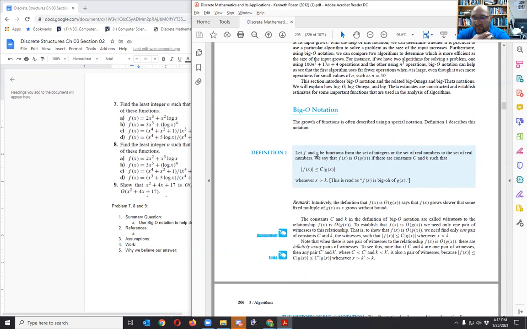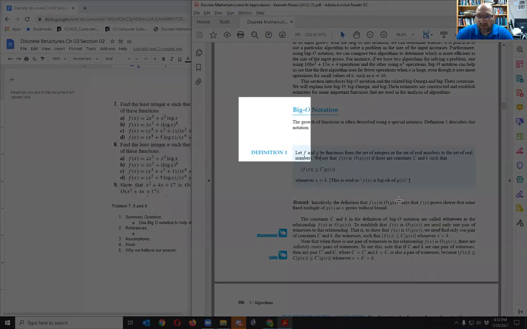Intuitively, the definition says that f of x grows slower than some fixed multiple of g of x as x grows without bound. Okay, so I feel like that is an important definition, and we're going to grab that.